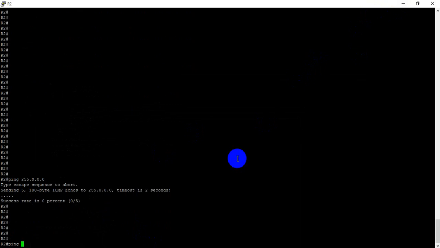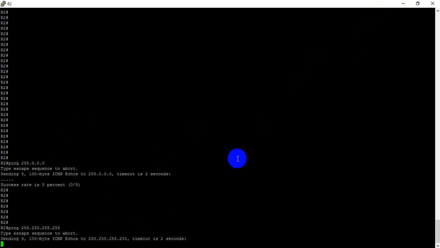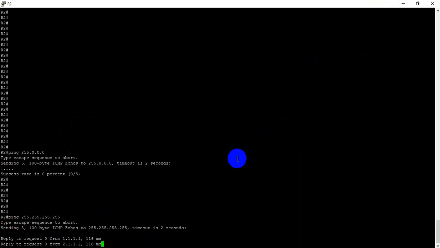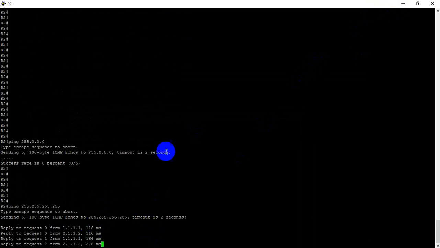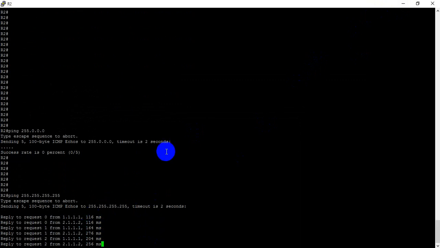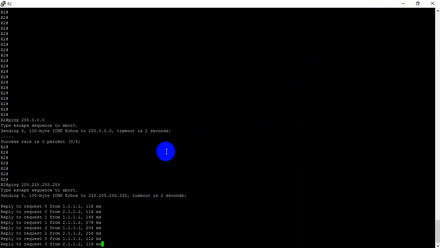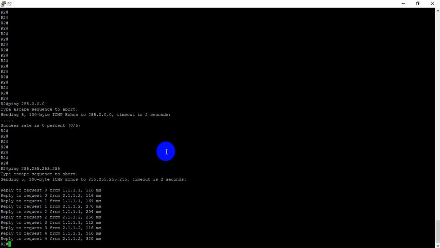Again I'm pinging here on another router. Yes, the reply is coming, from IP addresses 2.1.1.1 and 2.1.1.2.